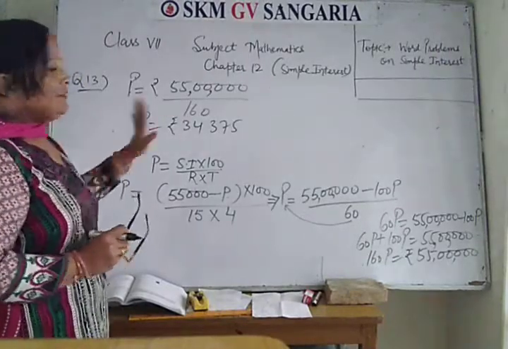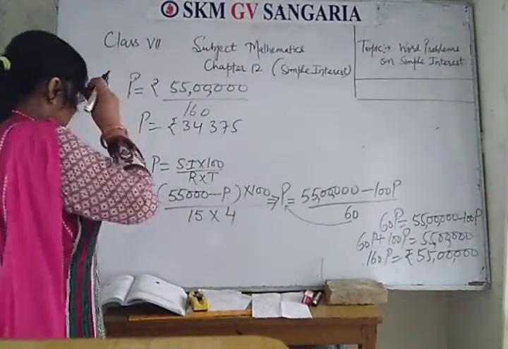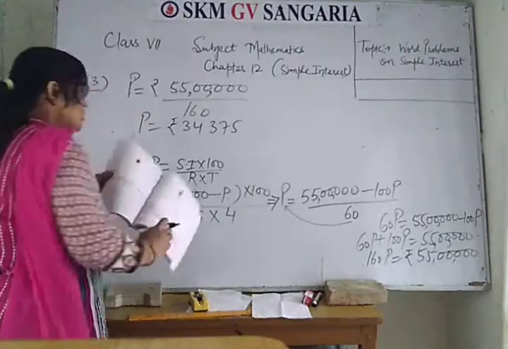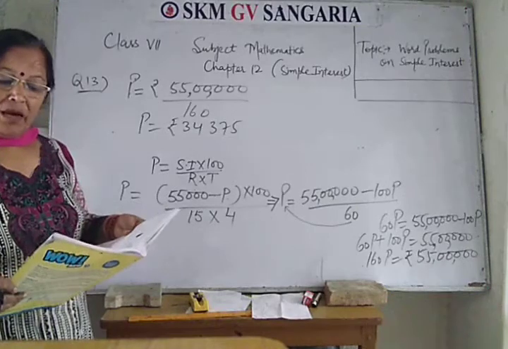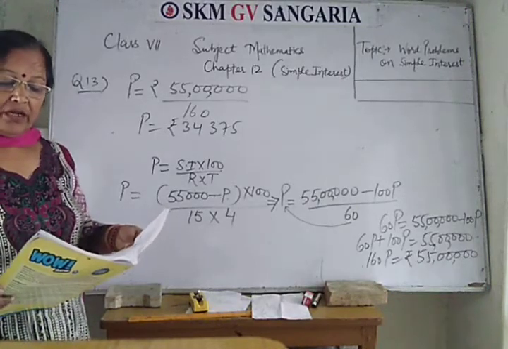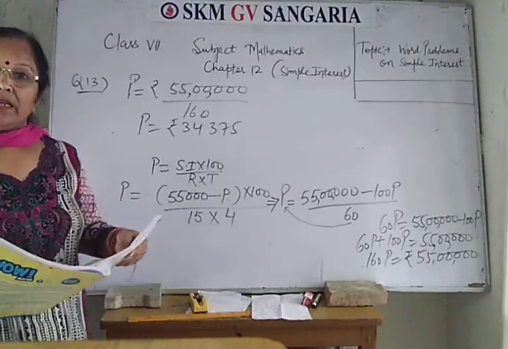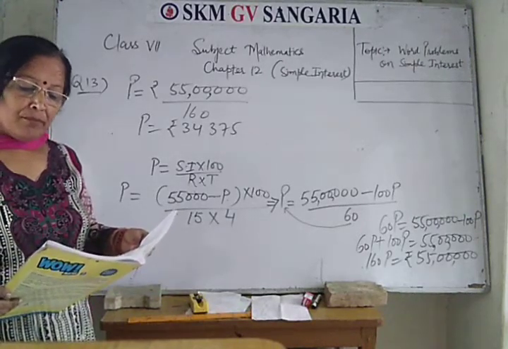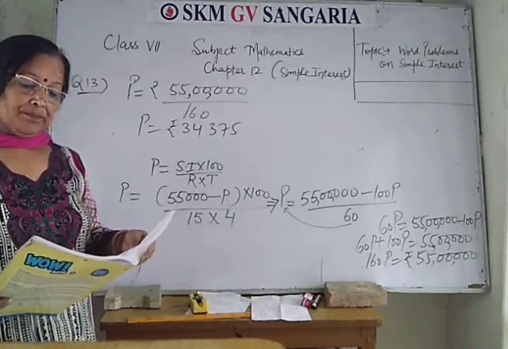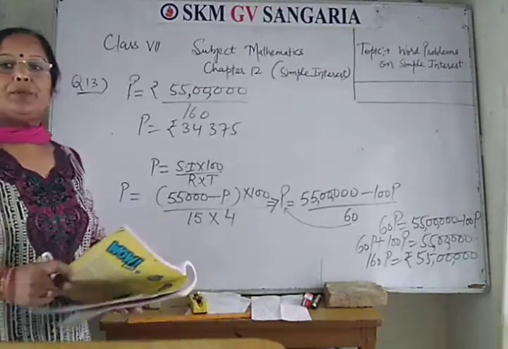Now, the principal is with us. Now the question is: if a certain principal amounts to rupees 55,000 at 15% per annum over 4 years, how much will it amount to in 6 years? Now we have got the principal.